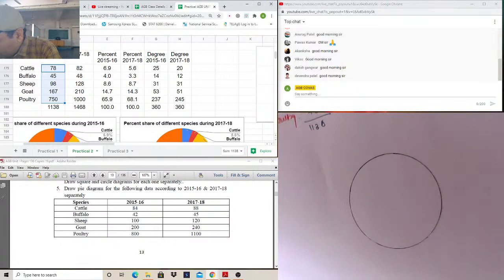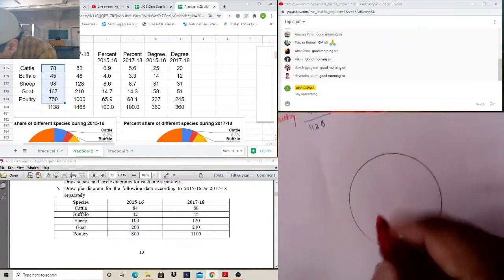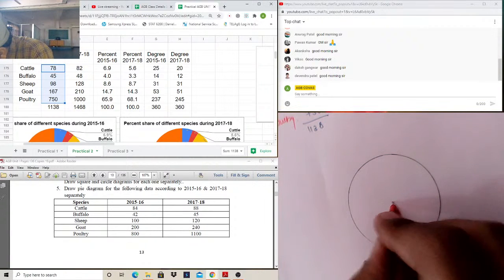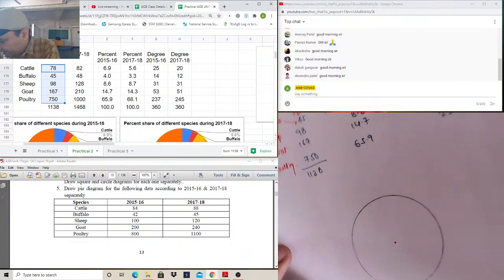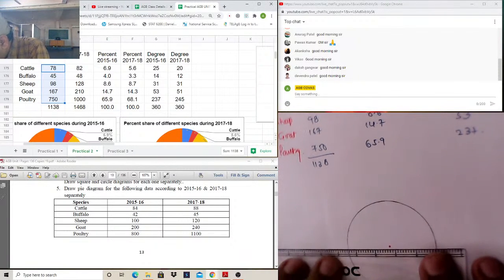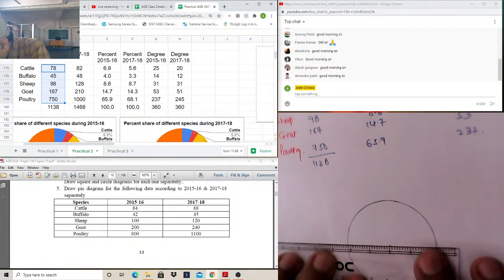Okay, and we will just mark this center. Now from the center, draw any one line to the periphery.